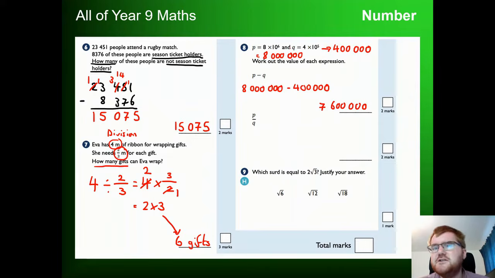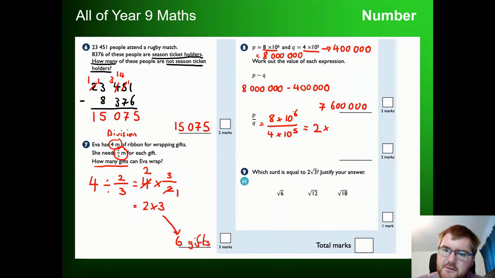Now, one of the advantages of having it in standard form, when it comes to dividing, is that we can do this really, really nicely. So we can do 8 times 10 to the power of 6 divided by 4 times 10 to the power of 5. What we do here is we just do 8 divided by 4, that's equal to 2. And then we do 10 to the power of 6 divided by 10 to the power of 5.